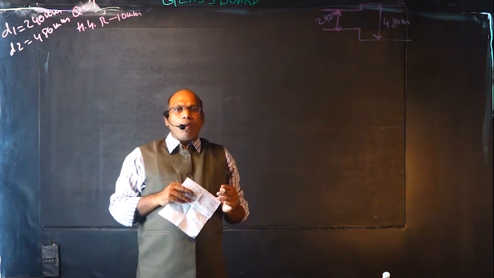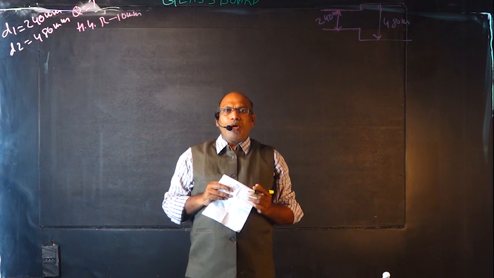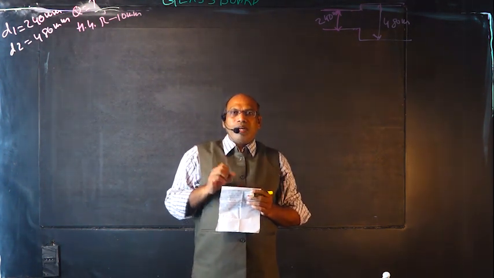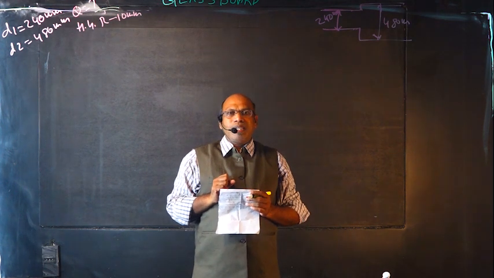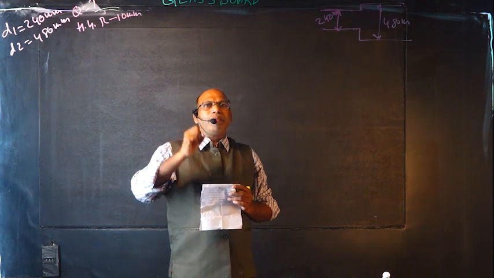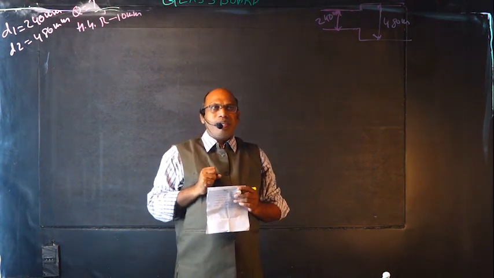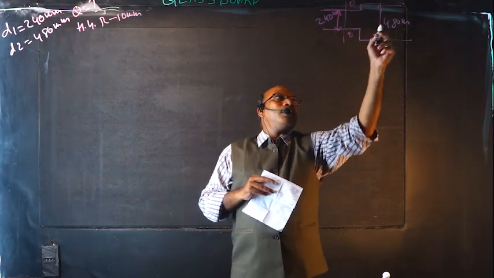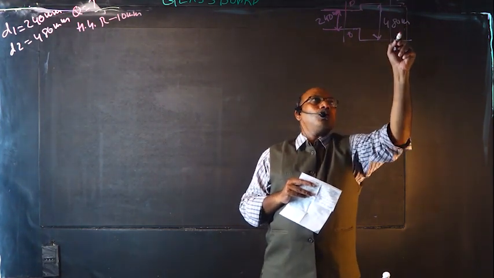Before going to solve the problem, we should know what the hydraulic gradient line is. Hydraulic gradient line means the pressure head plus datum head at a section. Suppose this is section 1-1 and this is section 2-2.